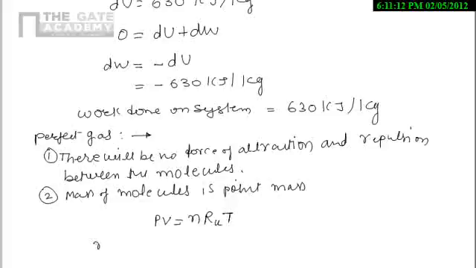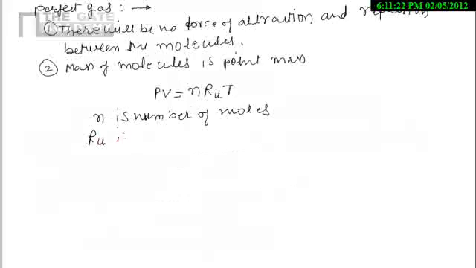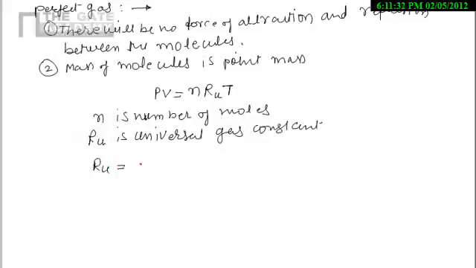Here n is number of moles and Ru is universal gas constant. And its value of Ru is 8.314 kilojoule per kilomole.